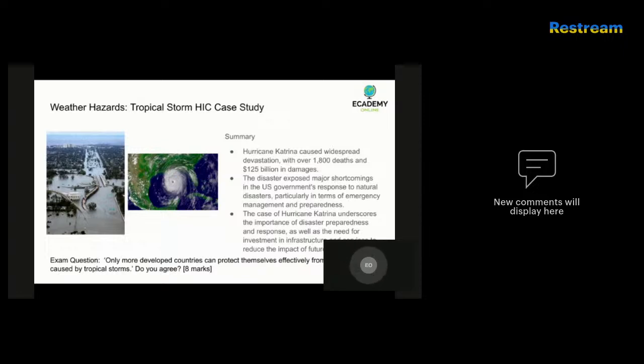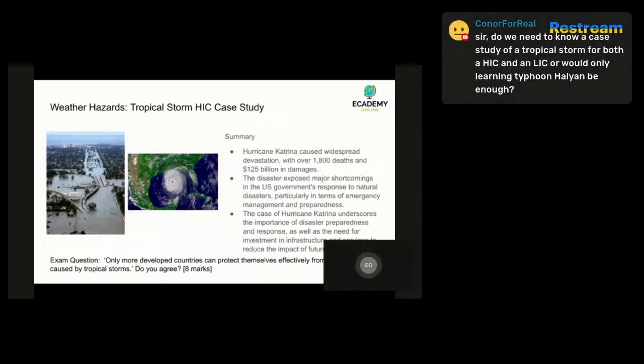So, for example, you might argue yes, developed countries can protect themselves, and then you would talk about what measures they put in place to help protect themselves. In this case, you might talk about how in the US they use expensive satellite technology to forecast storm paths. They can afford to set up agencies such as the National Hurricane Center to monitor tropical storms.